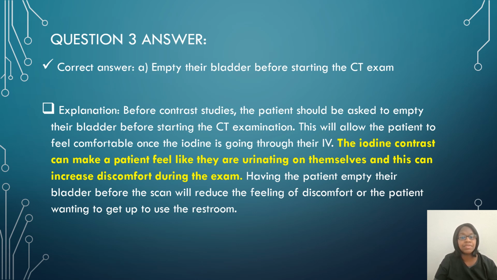So if they would have known that the contrast may make them feel like they're urinating on themselves, or even if they would have known that they are coming down for a CT, just communicate with the nurse if you work at a hospital and tell them to have the patient use the restroom in their room, or if they are an outpatient, just ask them if they need to use the restroom.